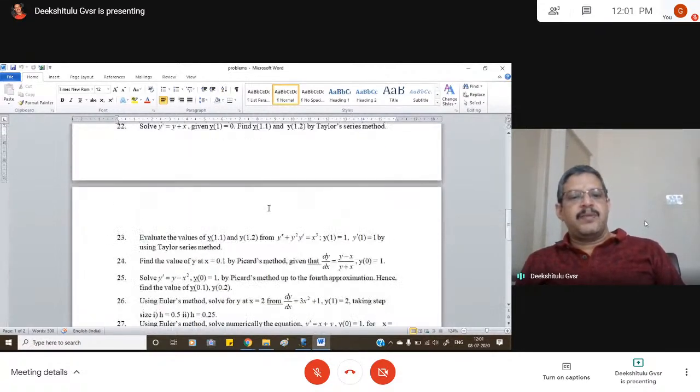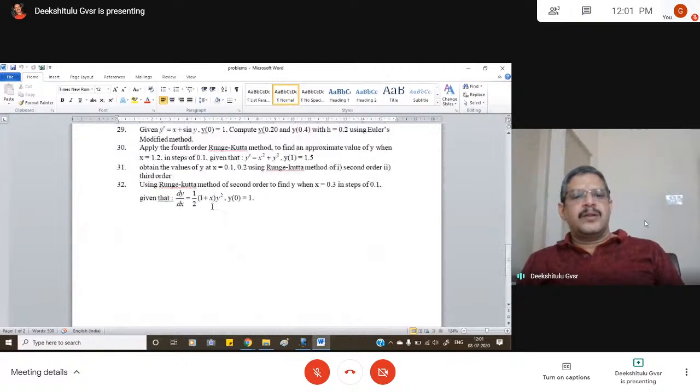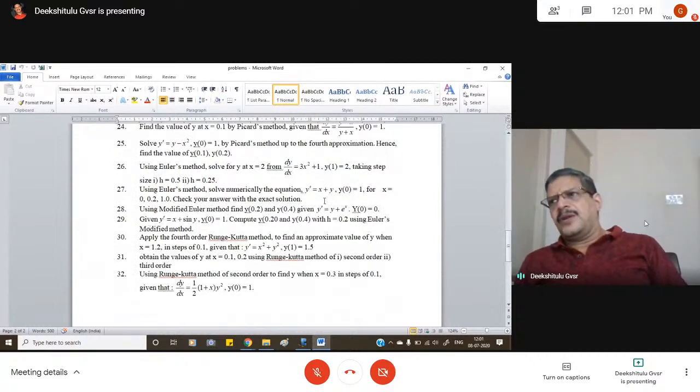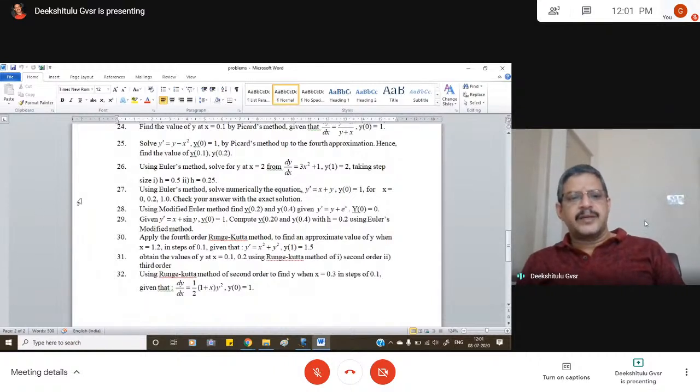You practice some problems, whatever you want. Use the Runge-Kutta method of second order to find the solution at point 1. Sometimes don't neglect third order, also do it. Sometimes they are asking, using the RK method, solve numerically the y at point 2.1, and so forth.